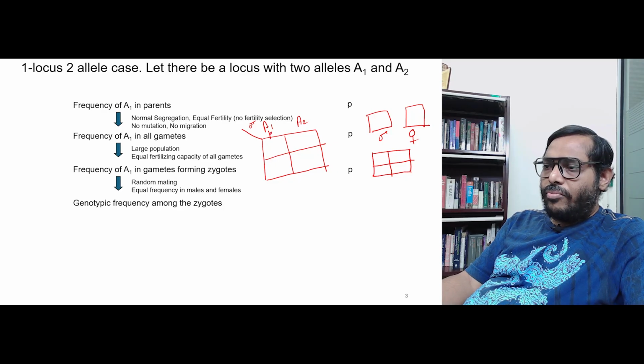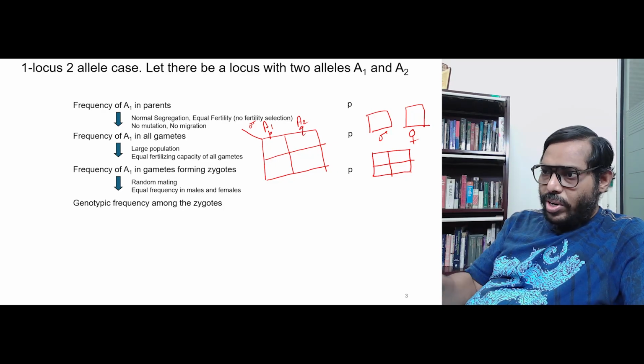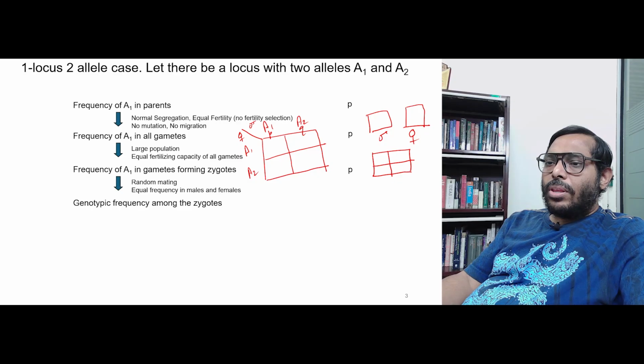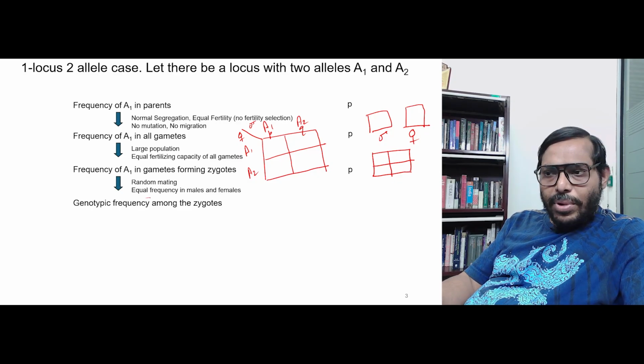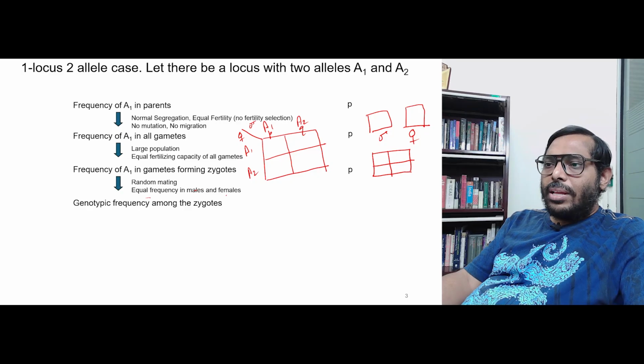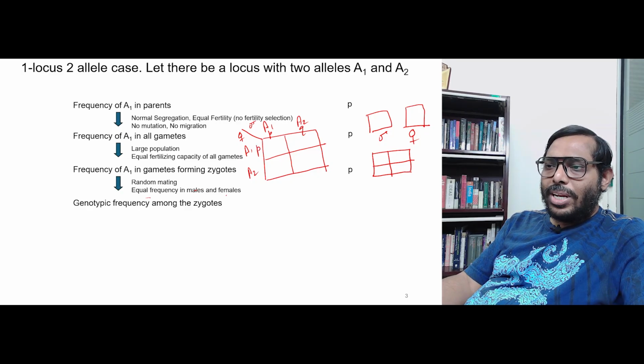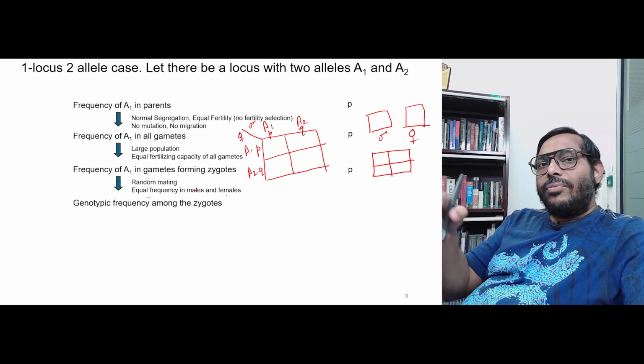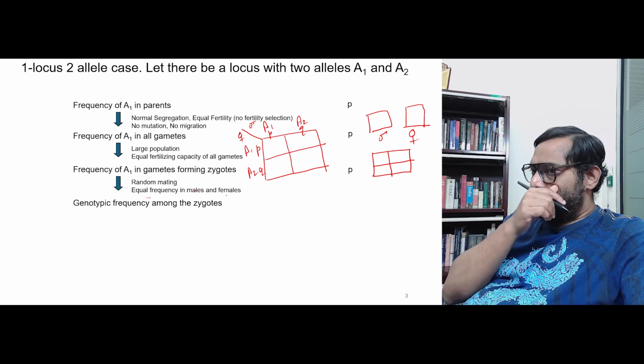This is being produced in frequency p, this is being produced in frequency 1 minus p or q, and similarly let us assume that this is the female side, this is my A1, this is my A2. Now, if we assume that the frequency of the gamete in the males and females are the same, that means that this is also going to be p, and if this is p, this is 1 minus p, which means this is also going to be q. So, this is where the equal frequency assumption comes in.